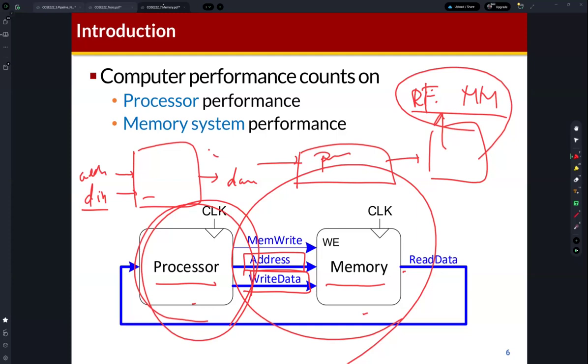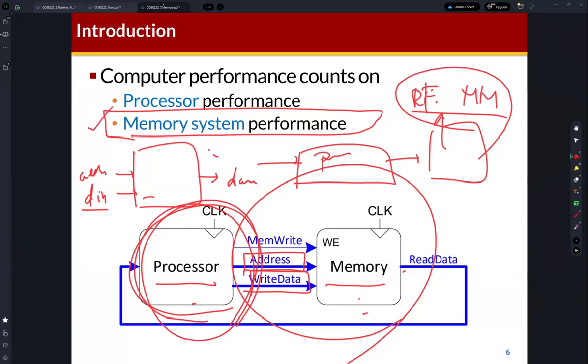Because the processor needs to read data from the memory, performance is also influenced by the performance of the memory system. So you can understand that the performance of a computer system is highly influenced by the performance of the memory system.